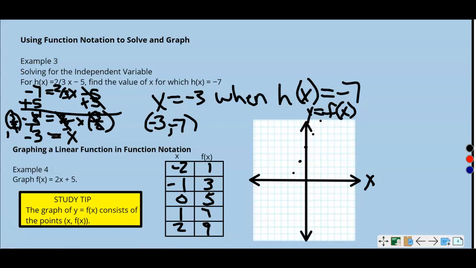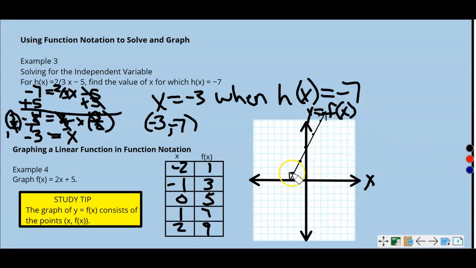All right, once you have those points graphed, you can create a line and put an arrow on both sides because this is a continuous function. Any x I plug in is going to give me an output value. So let me put a line on here.